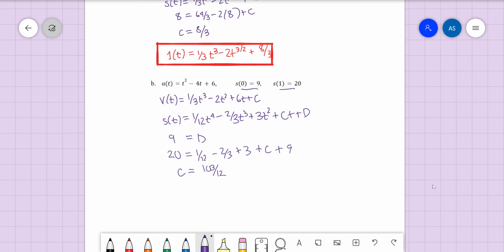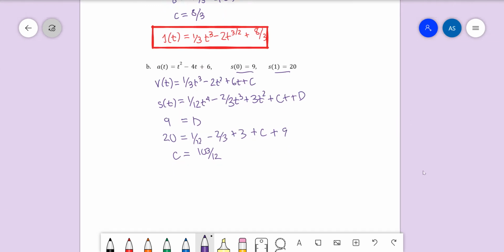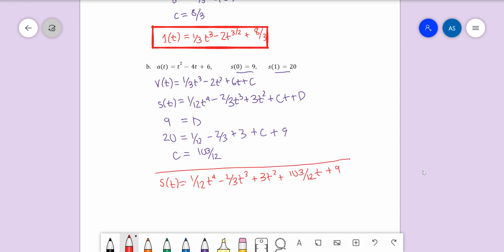For the final step, again, we found both the constants of integration. We just plug that back into our position function. When we do that, we will get s of t equals 1/12 t to the fourth minus 2/3 t to the third plus 3t squared plus 103 over 12 t plus 9. All right. And that is all for that problem.